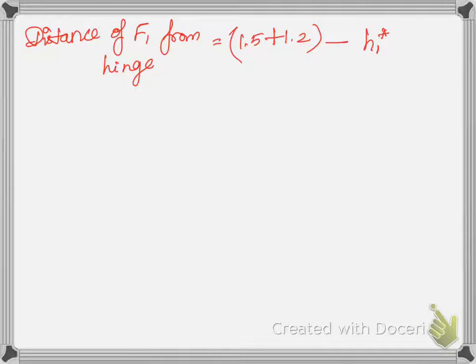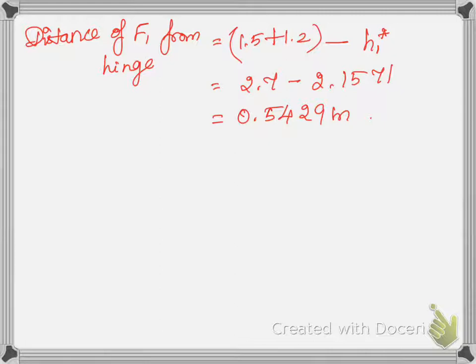If you see the diagram, you can understand still better, which is 2.7 minus 2.1571, which is 0.5429 meter. So I have calculated the distance of F1 from hinge.